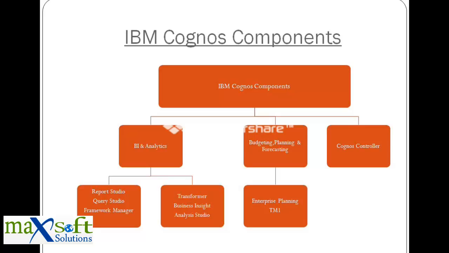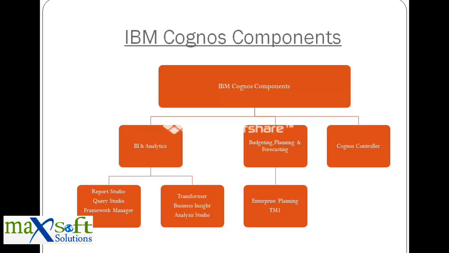But it's not much in demand because of the Hyperion tool presented by Oracle. Right now Hyperion is the market leader, and Cognos Controller is just a competitor, but not a serious one.